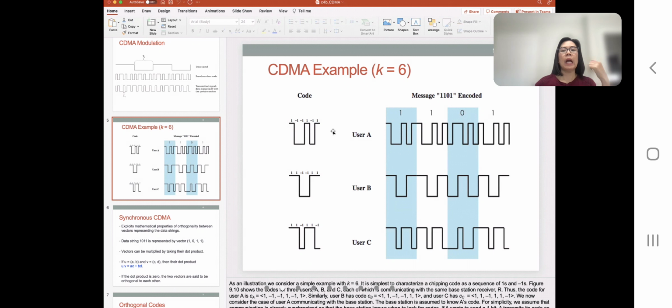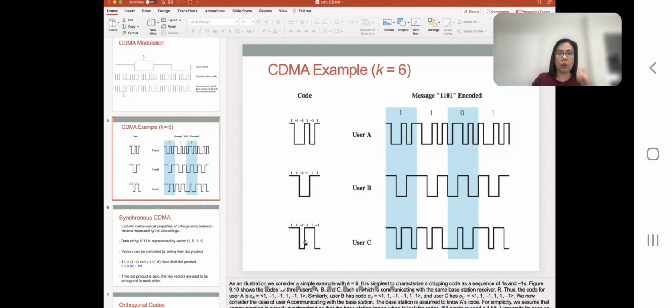interference. Similarly, in CDMA, if different users use different codes, and the codes must be orthogonal. We'll talk about this later. Just like different frequencies must be orthogonal so that the radio stations do not interfere with each other, similarly the codes here must be orthogonal, and we will define what orthogonal means in the next slide. So now we assume that the codes are orthogonal.